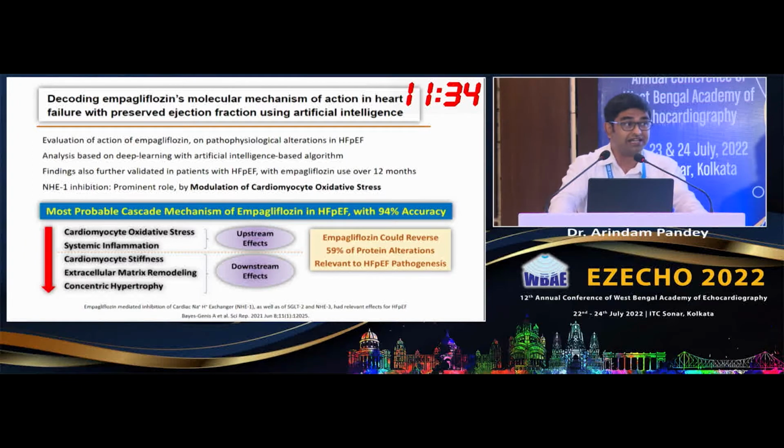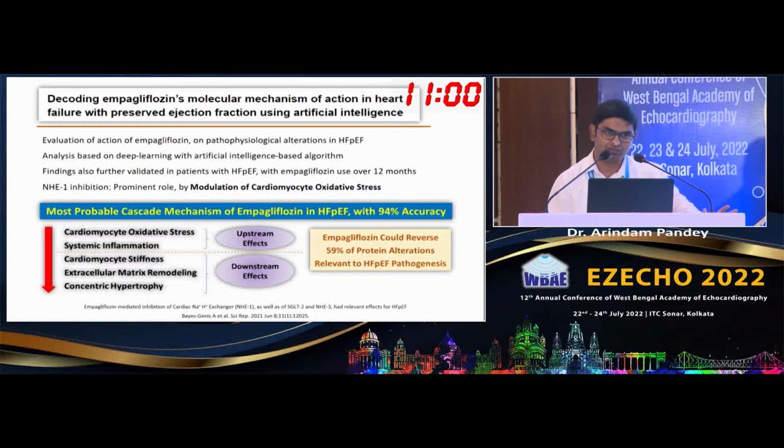If we try to decode how these newer molecules are working, particularly empagliflozin, we have the full trial data with empagliflozin in the form of EMPEROR-Preserved. Then we'll find there are many postulations. Some say the molecule is working upstream, with cardiomyocyte oxidative stress reduction and reduction of systemic inflammation, and some of the mechanisms work downstream, with cardiomyocyte stiffness reduction, reduction of extracellular matrix remodeling, and the concentric hypertrophy being taken care of.